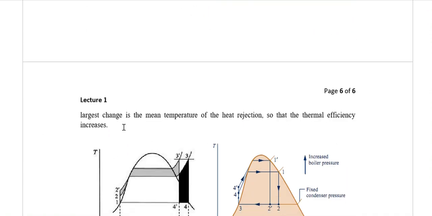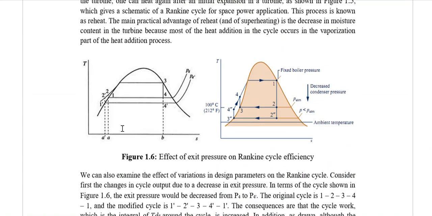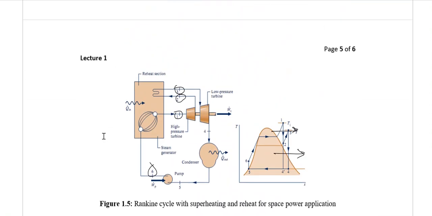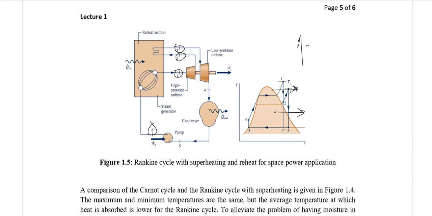So this is the advantage of a reheat cycle in terms of efficiency. Finding the efficiency, it would be equal to the work done from 1 to 2 in this scenario, plus the work done from 3 to 4, minus the work done from 5 to 6, which is the pump work, divided by the heat supplied, which would be the heat from 6 to 1 plus the heat from 2 to 3.